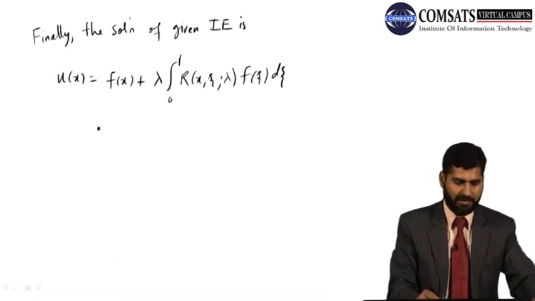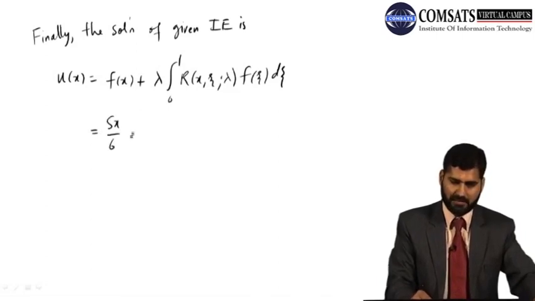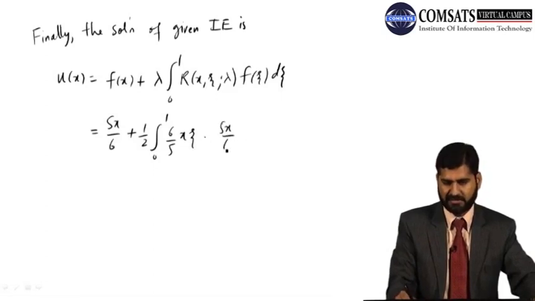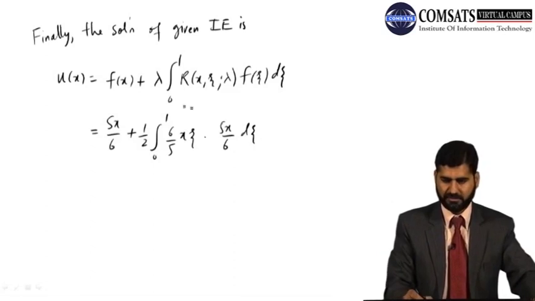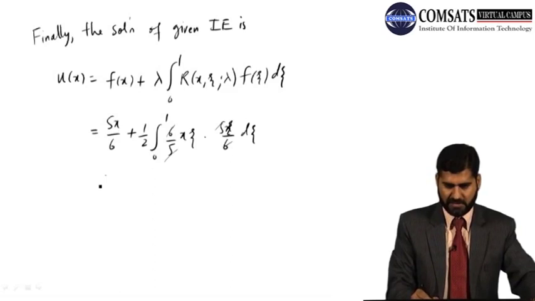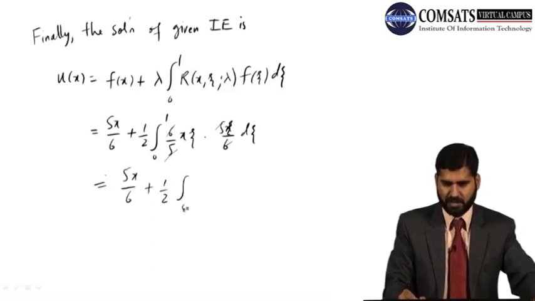Now f of x is 5x by 6, which is given to us, lambda is 1 by 2, the resolvent kernel is 6 by 5 x xi, and f of xi is 5 xi by 6 d xi. So 6 is gone, 5 is gone, and you get 5x by 6 plus 1 by 2 integral from 0 to 1 of x xi square d xi.